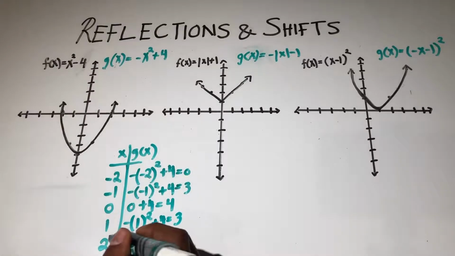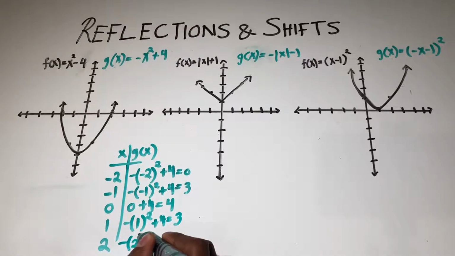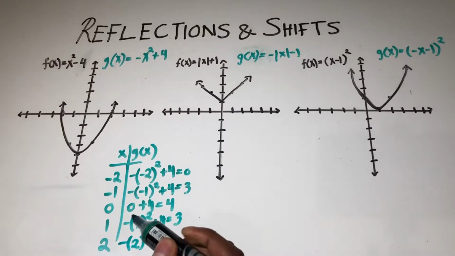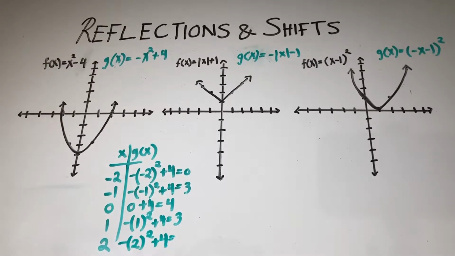And then plugging in 2, we're going to get negative 2 squared plus 4. 2 squared is 4, and then the negative on the outside makes it -4 plus 4, which is just 0.